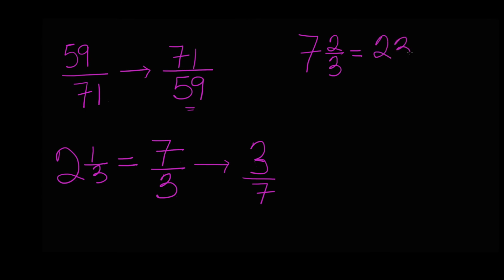So I have 23 over 3. Now the next thing is to find the reciprocal of 23 over 3. Now the reciprocal is going to be 3 over what? 23. That is easy. I hope you understand that concept right there.